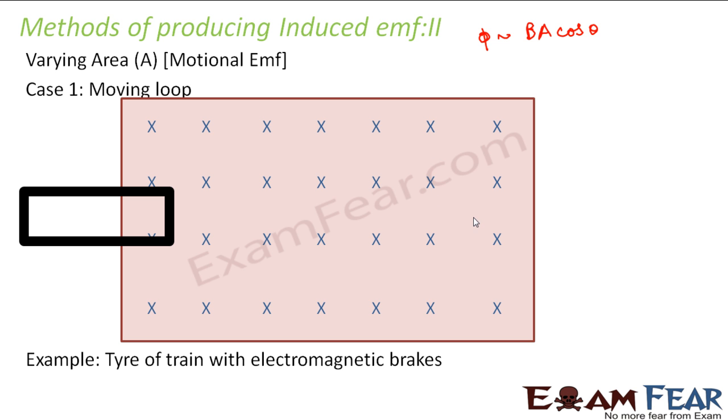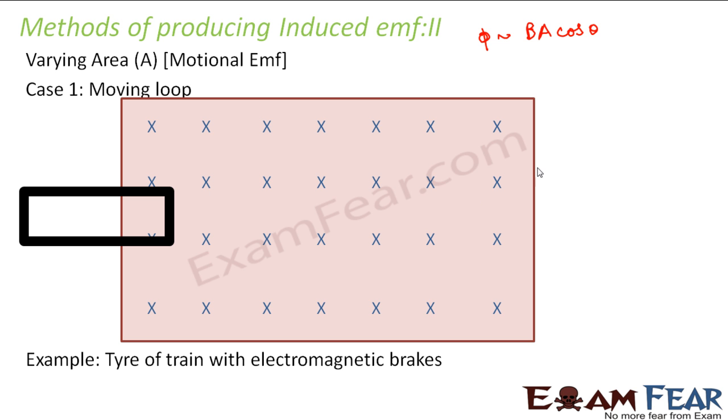After the loop has entered completely, for the duration it travels from here till here, there is again no change in the magnetic flux. But while leaving this magnetic field region, there is a decrease in flux, because as soon as it leaves the field, the area inside the field keeps decreasing. When the area keeps decreasing, your flux also keeps decreasing.